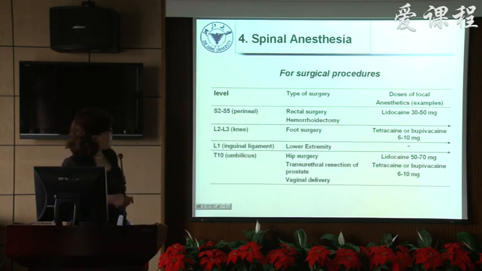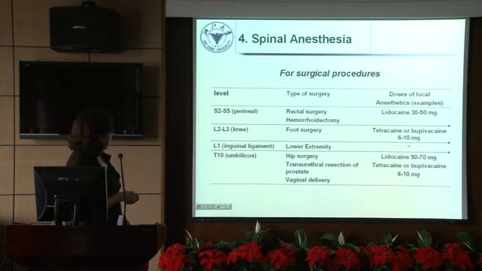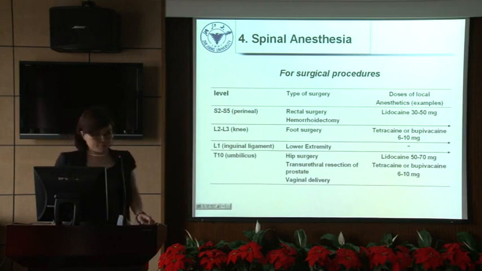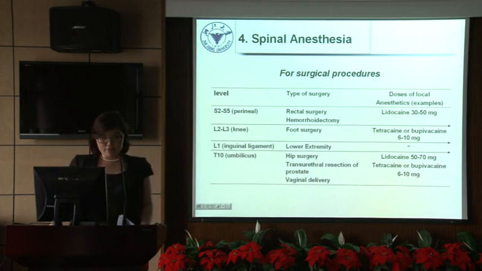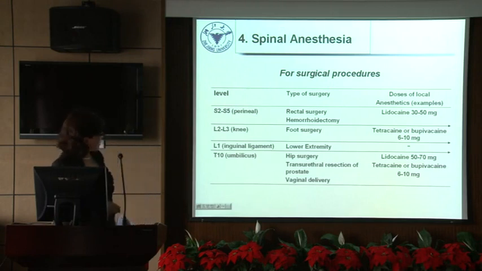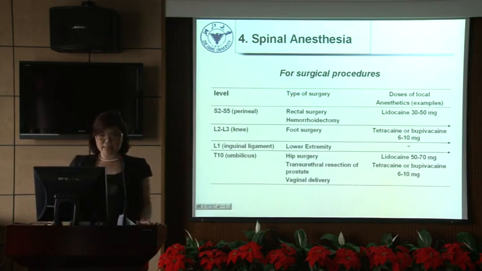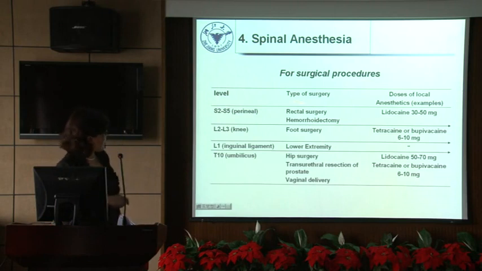And spinal anesthesia. Spinal anesthesia follows different surgical procedures. We give different levels of the spinal nerves. That means we should block different places of the body, right? For example, this is a type of surgery.